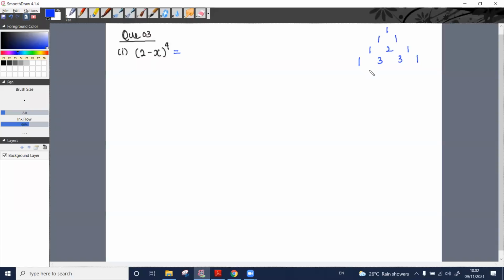And the fifth line when n is equal to 4. So this is the row that we need to refer to in the Pascal triangle: 1, 4, 6, 4, 1.